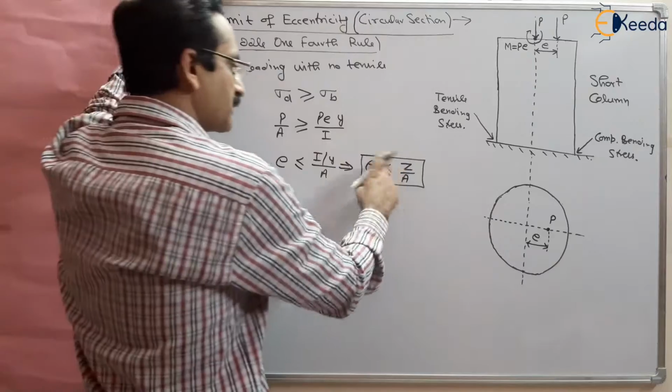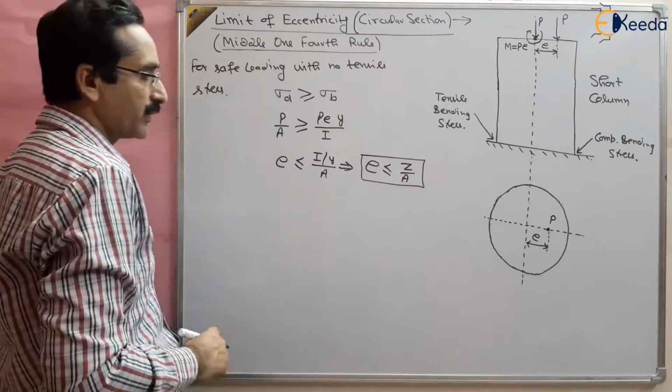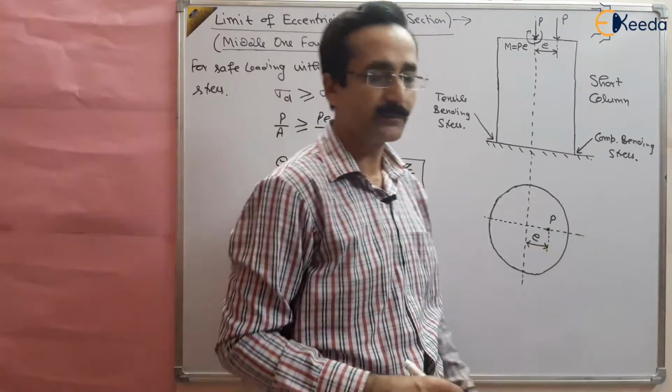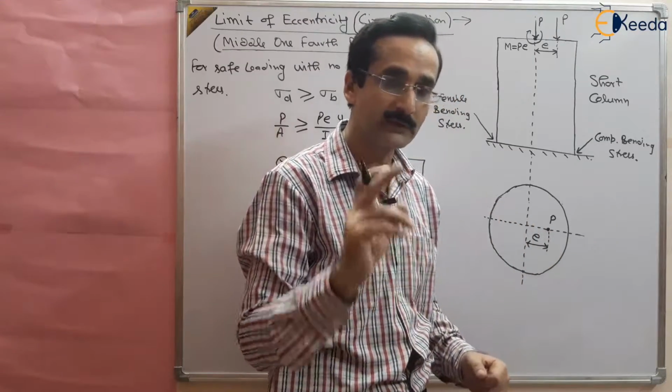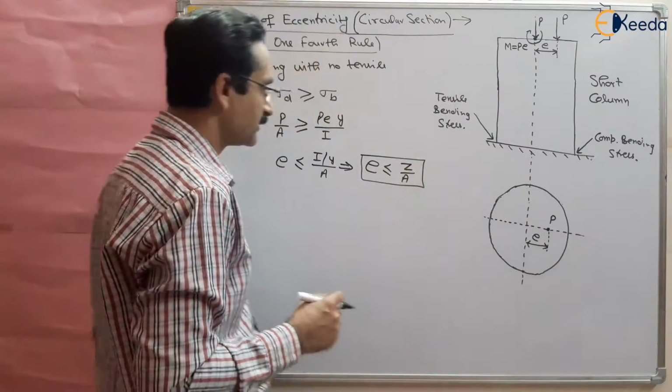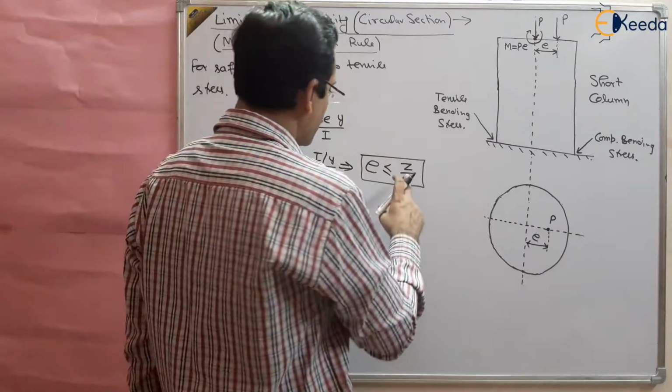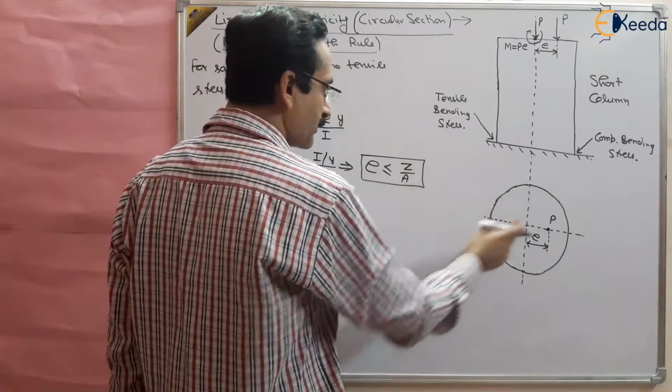This we have seen in a rectangular section also. But what is the section modulus of a circular section? That is pi by 32 d cube. And what is area? Pi by 4 d square.